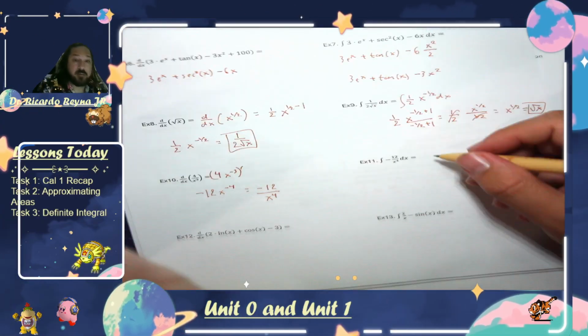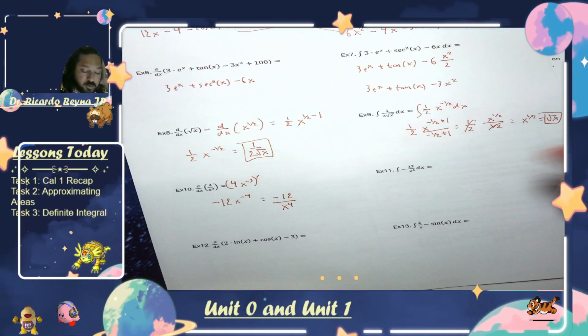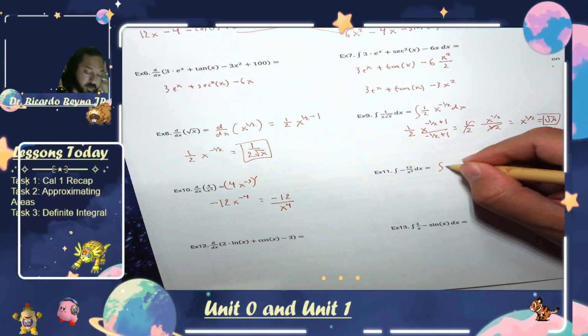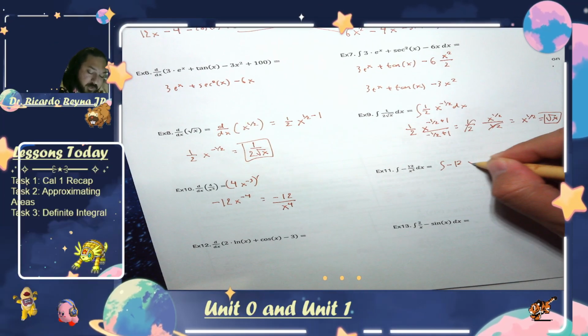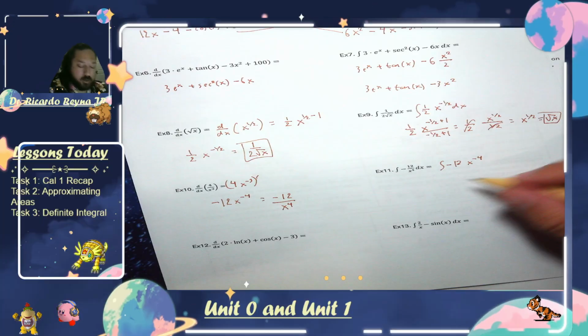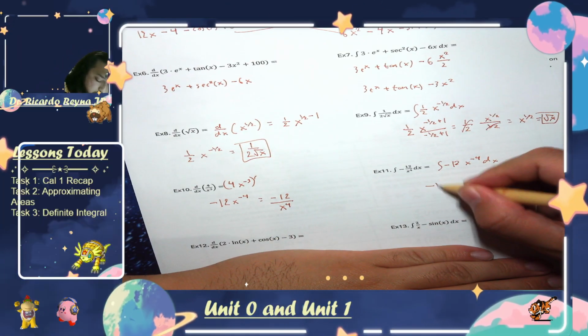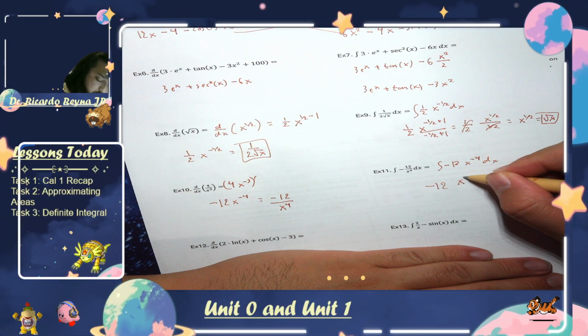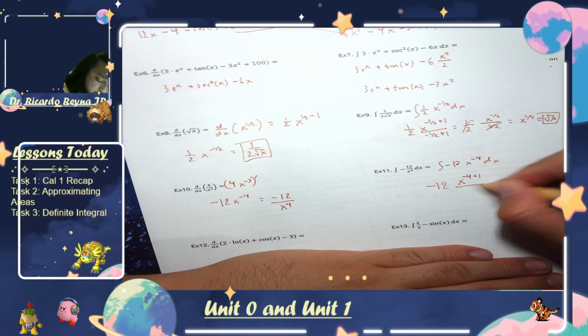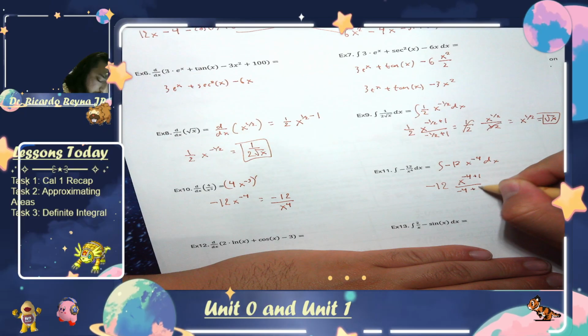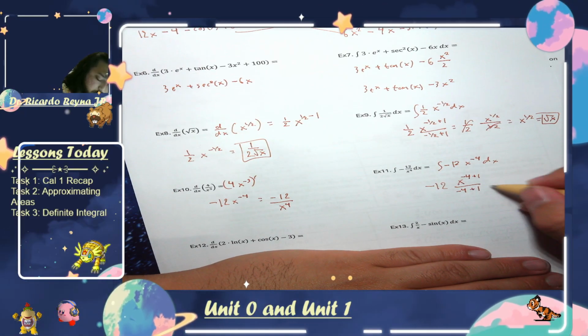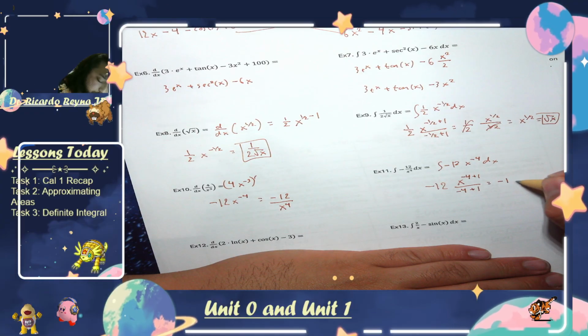Over here, you could do a similar rewriting trick. You get -12 x to the power of -4, and then you're going to go ahead and do that power rule that we mentioned. x to the power of -4 plus 1 over -4 plus 1. These are both going to be -3s.